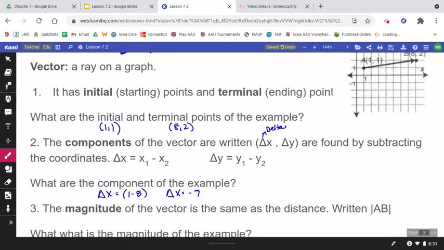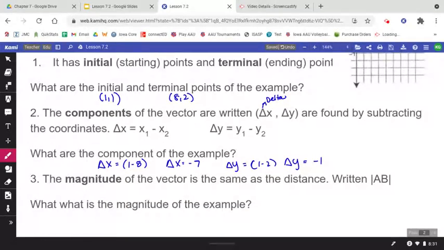And then the change in the y's, which is 1 minus 2, which is negative 1. Now, when you do the components, because it's distance, because it's change, we do want it to be absolute values. We want it to be the positive numbers. So we would write it as 7, 1. So we have to do absolute value of that afterwards.